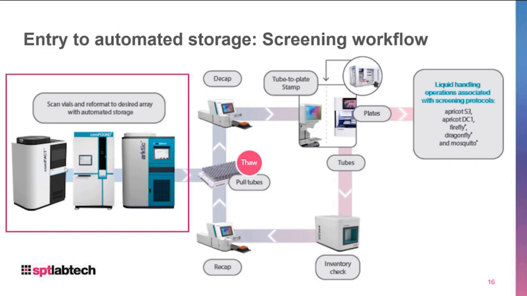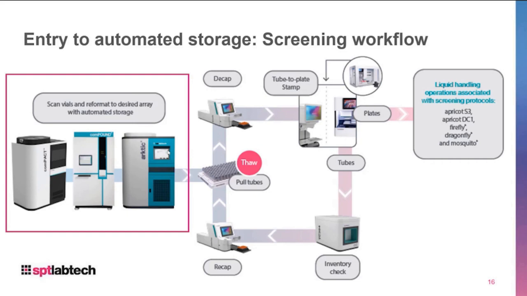We can get into the specifics of each instrument, but in this case we're using the automated store to do the pre-sorting for us, then go back into the downstream process and just thaw tubes, decap, and stamp for assay-ready plates. That saves a lot of time for small and large customers.